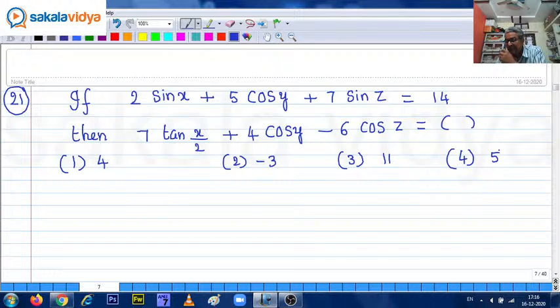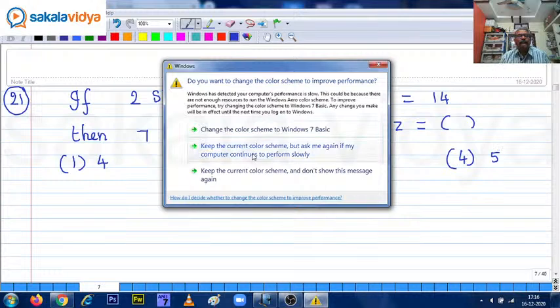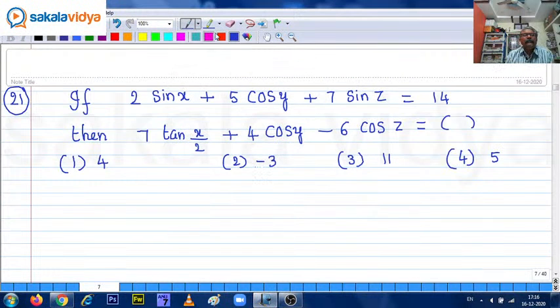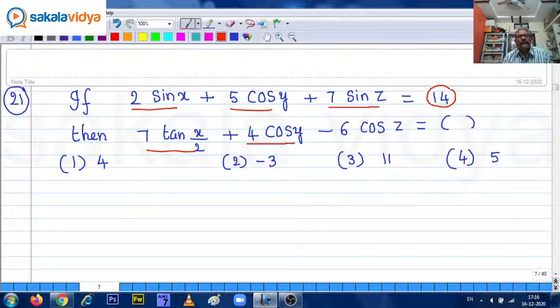Anybody? What is the answer? Just look at the screen, all of you. So you need to chart the answer. Which is the right option? Manikanta. Two sin x plus 5 cos y plus 7 sin z equals 14. 7 tan of x by 2 plus 4 cos y minus 6 cos z is equal to how much?